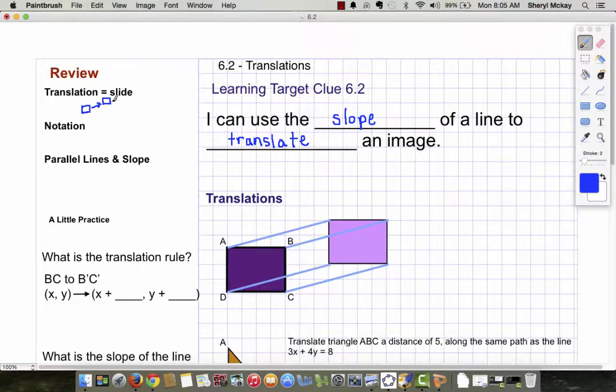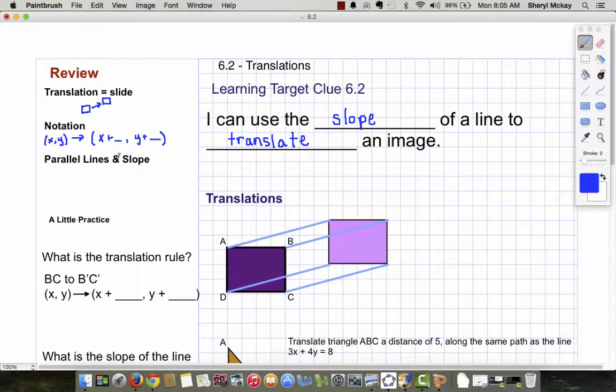All right. And then a notation of that translation, the one that we'll probably use the most, is going to look like this: (x, y) translates to (x plus something, y plus something).